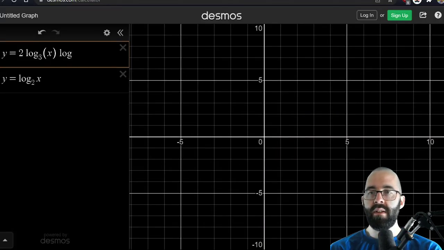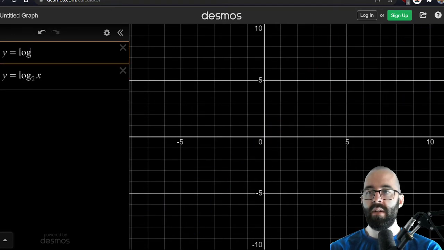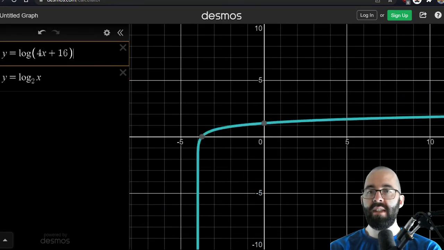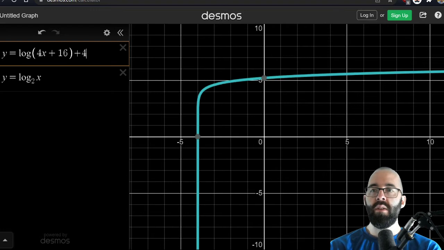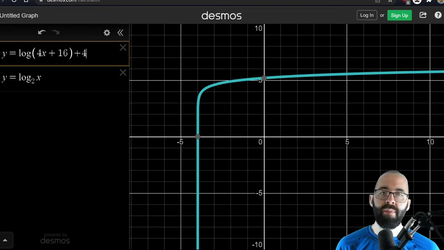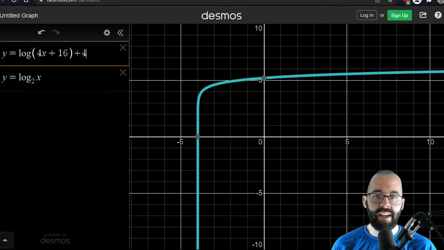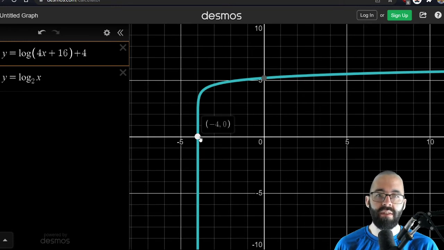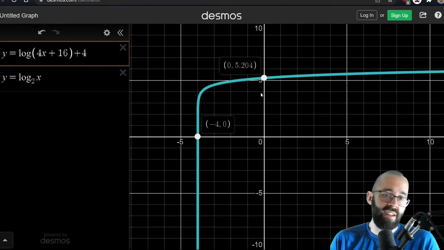Common log of 4x plus 16 plus 4. And this time, again, you can find nice points here, but you can also just plug in approximations. All right, so specifically, the asymptotes and the intercepts are easy ways to approach this problem.